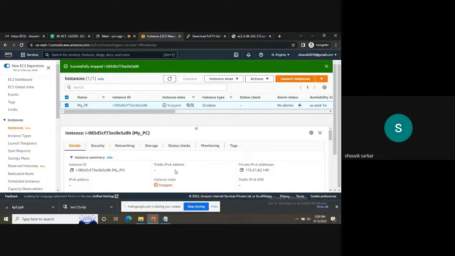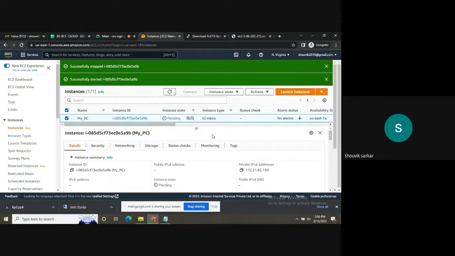For a server, if it's lost the IP address, that's fine. But whenever we again restart it, it acquires a new IP address. So whenever you start, it acquires a new IP.